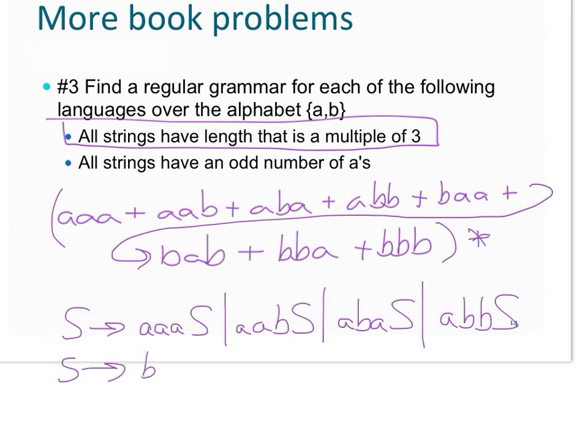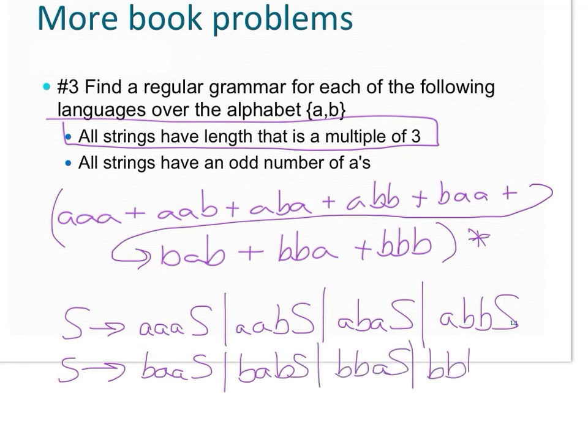S goes to BAAS, or BABS, or BBAS, or BBBS. And that gives us as many as we want, and then we just have to add an or lambda so that we can stop, right? And we have a string when we're done, and also we can have lambda, right? Because lambda is a length that's a multiple of 3, I think.